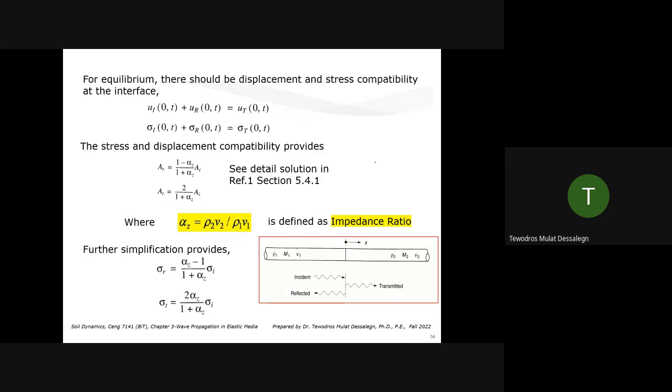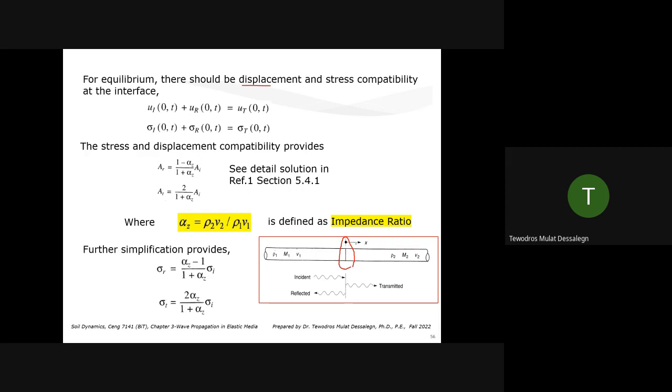Now, if there is a wave traveling through this bar, and we consider the interface where the two materials differ, then there must be equilibrium. There must be displacement and stress compatibility at the interface.